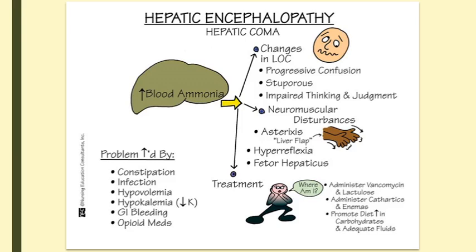Or over time, what I will see in an hour or 2 hours is that the patient's handwriting is getting worse. They can't form the letters of their name, or I ask them to draw a star, and when they draw a star, it's not a complete star. They just have lines kind of everywhere.